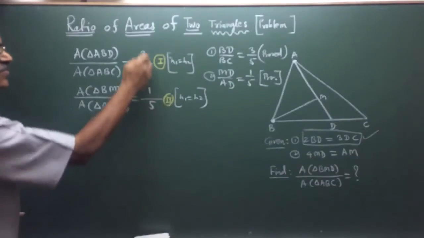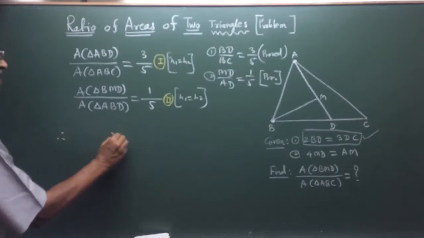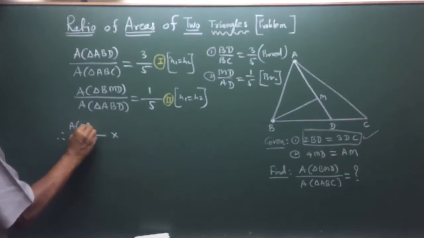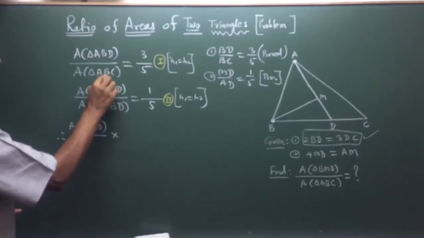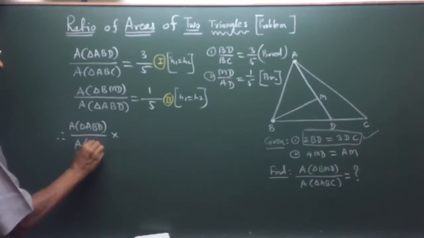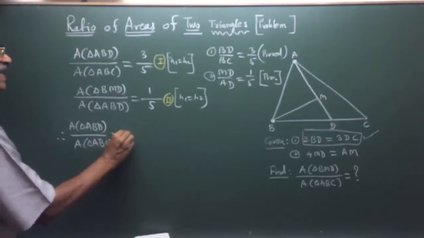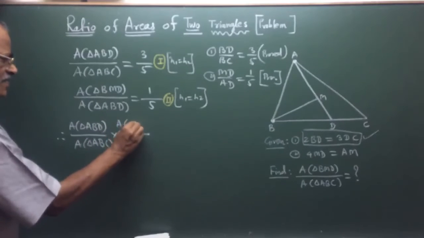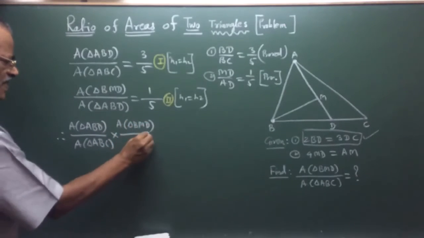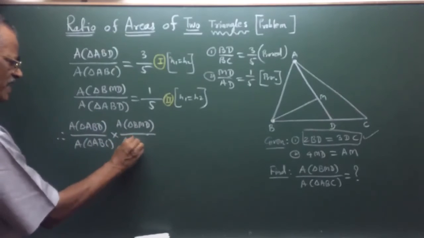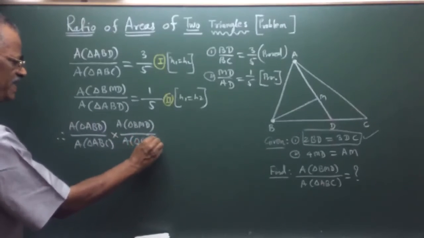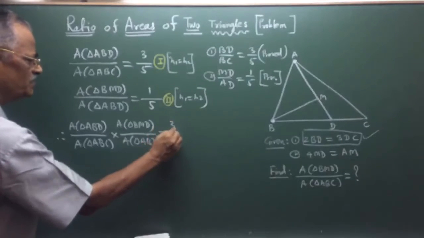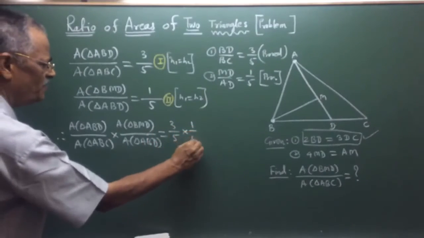If you multiply both relations, take the product. What is the left hand side? Area of triangle ABD upon area of triangle ABC, into area of triangle BMD upon area of triangle ABD, is equal to 3 upon 5 into 1 upon 5.